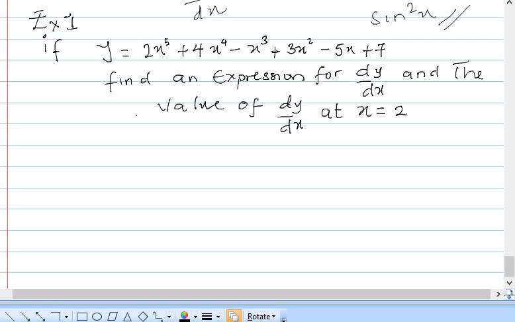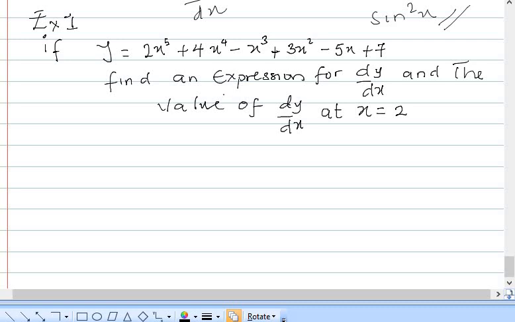So another type of question is given: if y is equal to 2x raised to power 5 plus 4x raised to power 4 minus x cubed plus 3x squared minus 5x plus 7, find an expression for dy/dx and find the value of dy/dx at x equals 2.